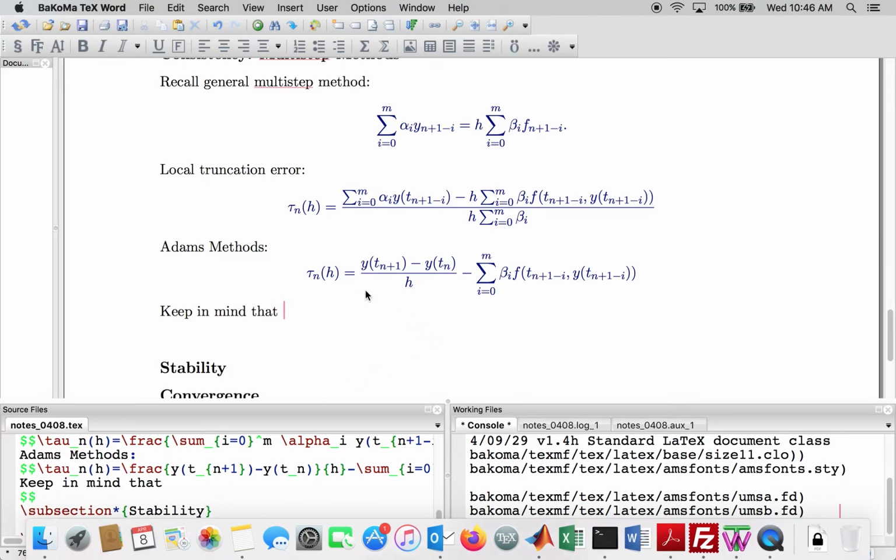So in trying to get a handle on the local truncation error for Adams methods, there are two things to keep in mind.